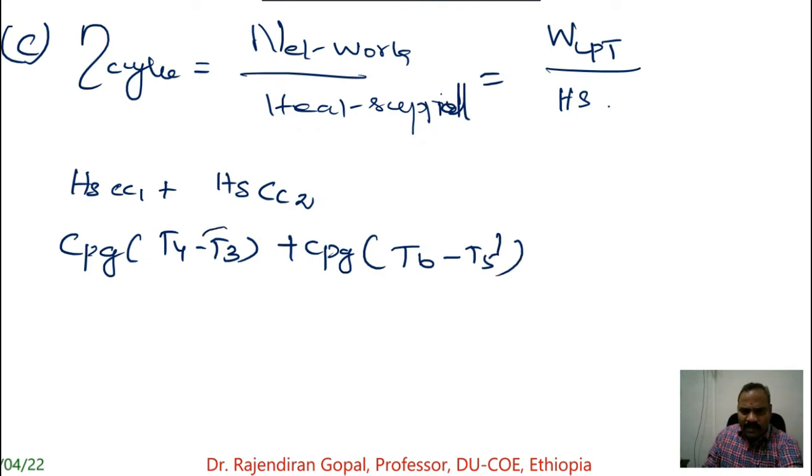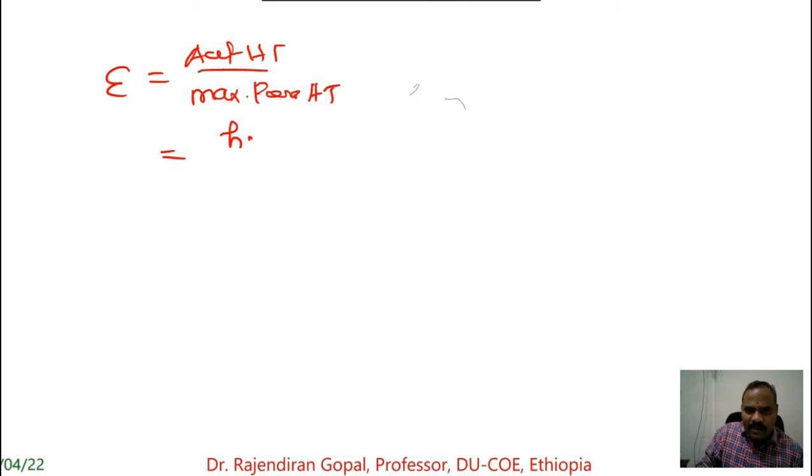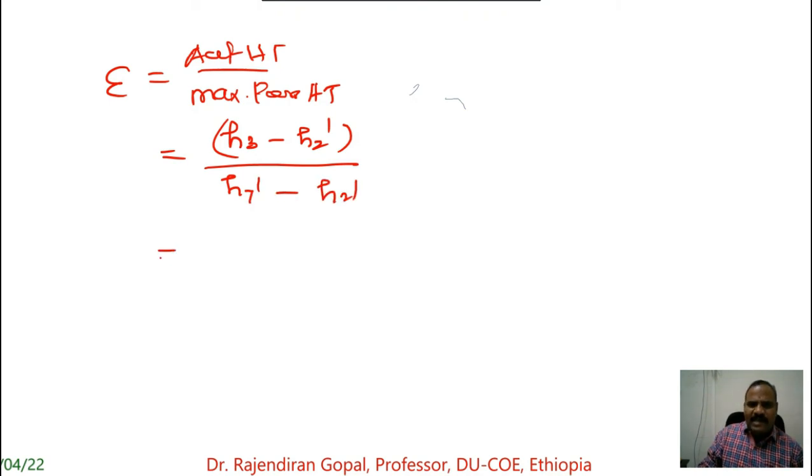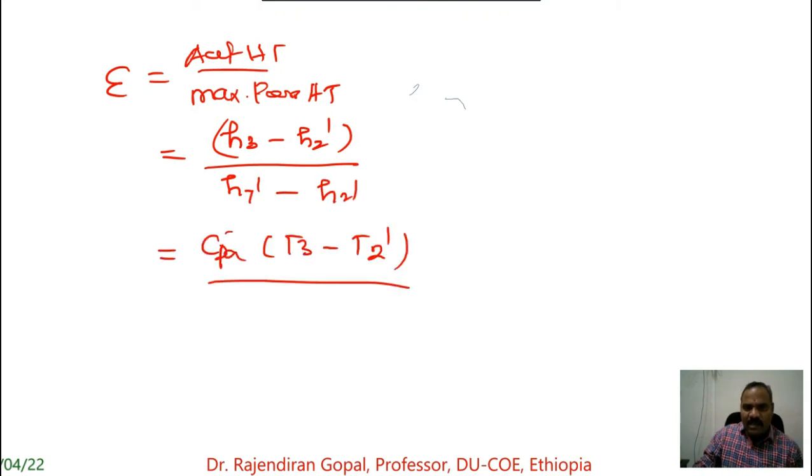So here T3 is the unknown term; T4 we know, T6 we know, T5 dash we know. We know that the effectiveness of the heat exchanger is equal to actual heat transfer over maximum possible heat transfer. The actual heat transfer is H3 minus H2 dash over H7 dash minus H2 dash per kg of air, that is Cp of air multiplied by T3 minus T2 dash, then Cp of gas T7 dash minus T2 dash.